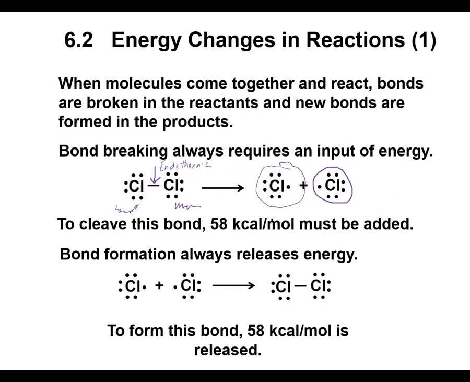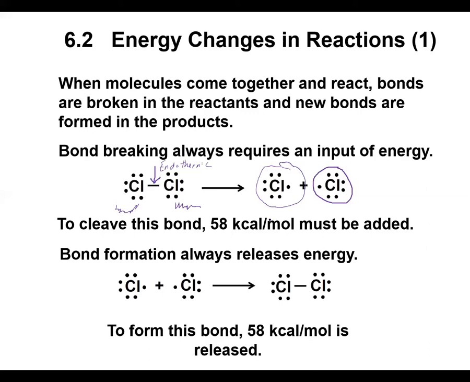All right. So when we, again, break this bond, it's going to be endothermic. And when you break different bonds, as we talked about with bonding, a double bond is a lot more energy to break than, say, a single bond. When you have a triple bond as well, it's a lot more energy to break than a double bond. So remember that. A single bond is the easiest to break in terms of energy.